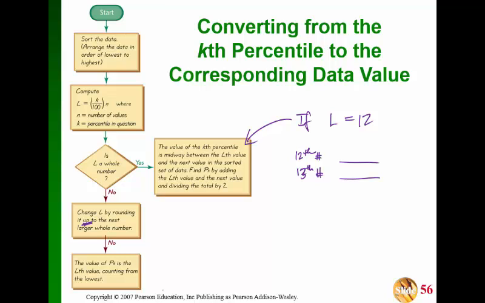Whatever they are, let's say 6 and 7. So these are your values, and this is your position. So it'll be the mean between them.